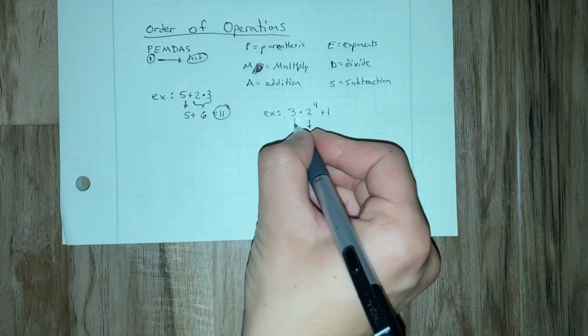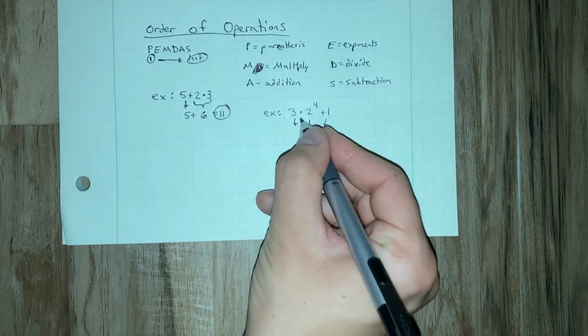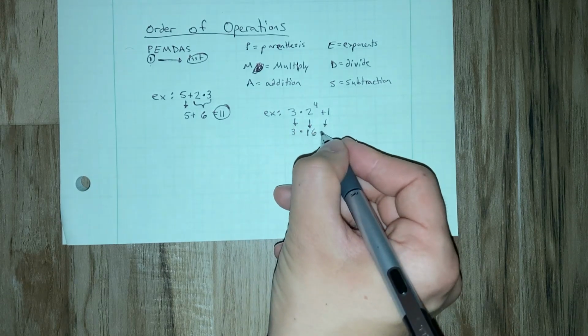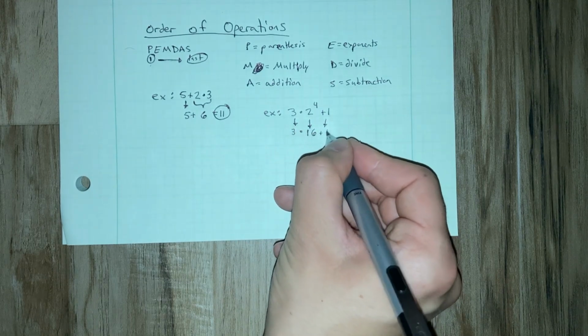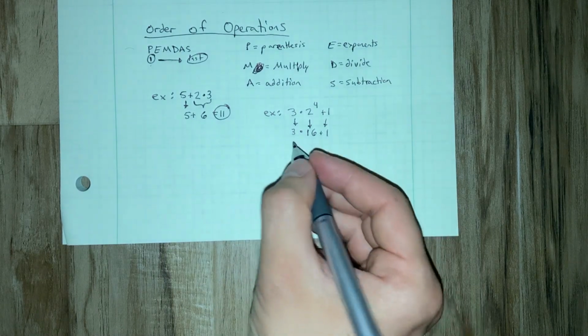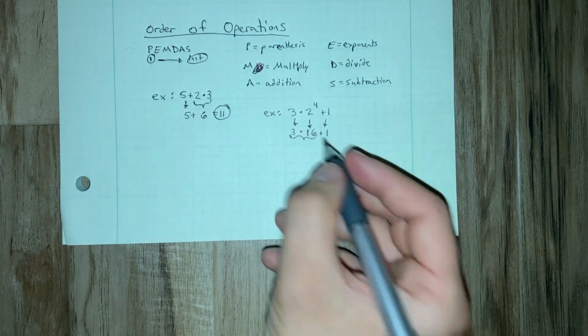And now we just bring down everything else. So we got a multiplication sign we just brought down. This 3 we got to bring down. The plus sign we got to bring down. And then 1. So now we have 3 times 16 plus 1. Well, 3 times 16, what's that? That's 48.